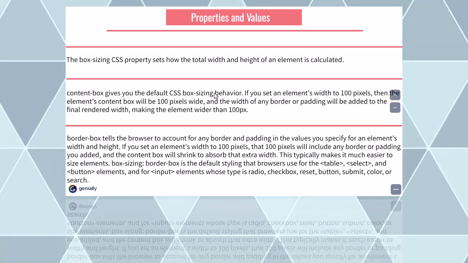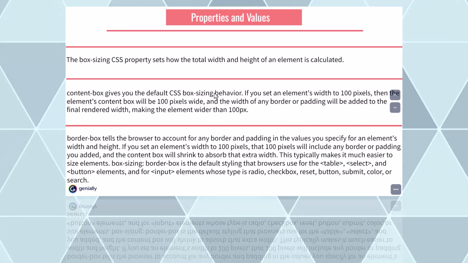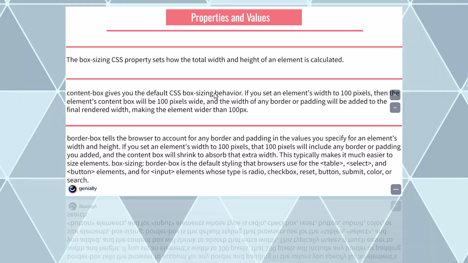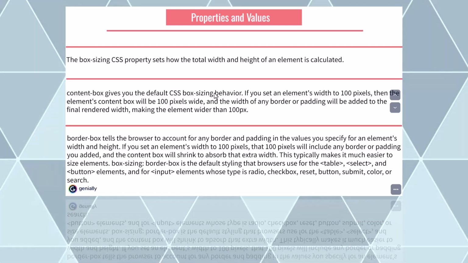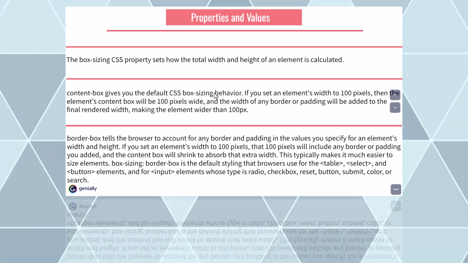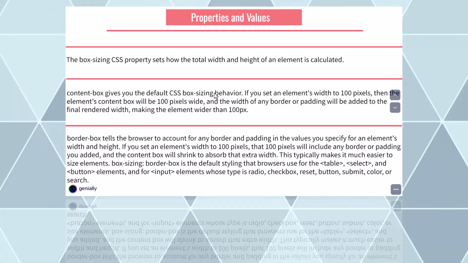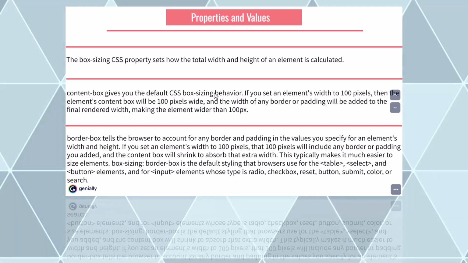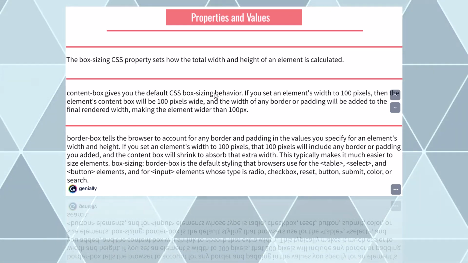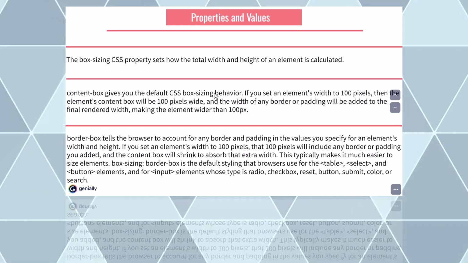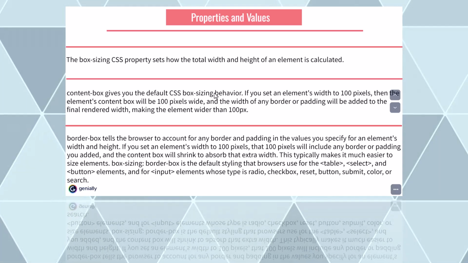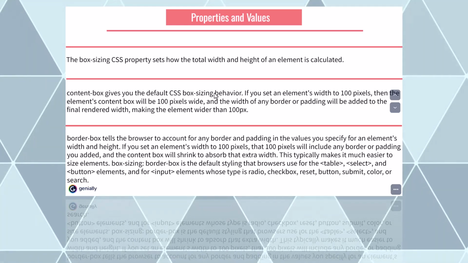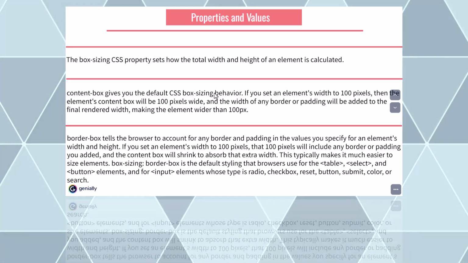It won't be unless you specify the width, and then if you don't use the default, instead of it being 100 pixels, maybe if the padding is 20 pixels, it will add that. Okay. So let's say this is our element, and let's just give a generic number of 100 pixels. It doesn't have borders.